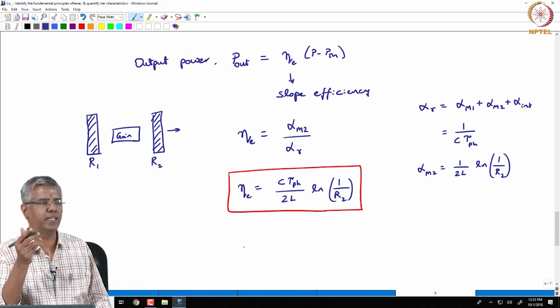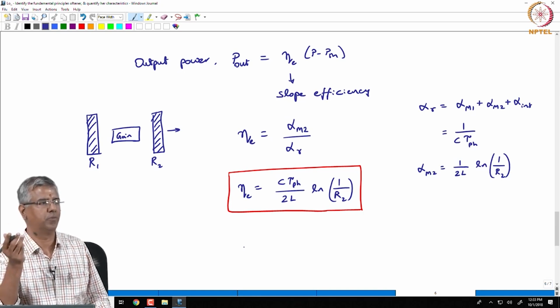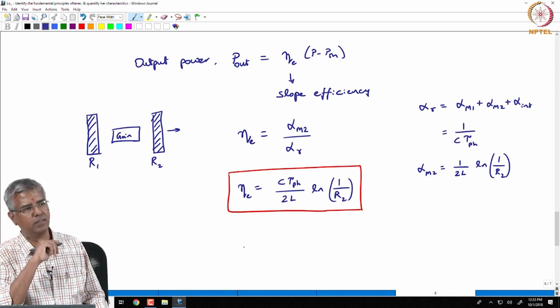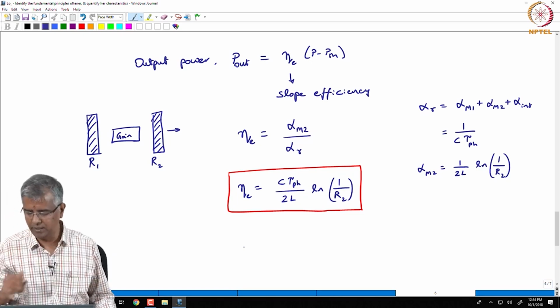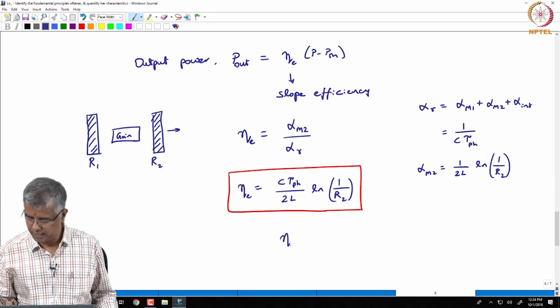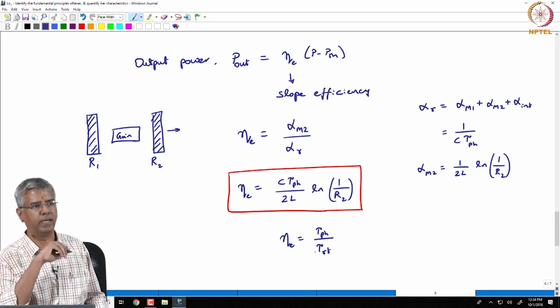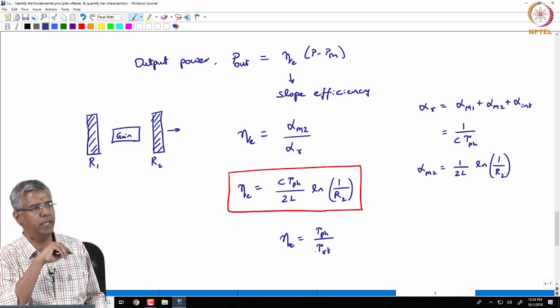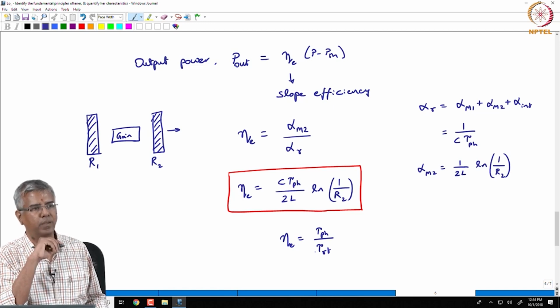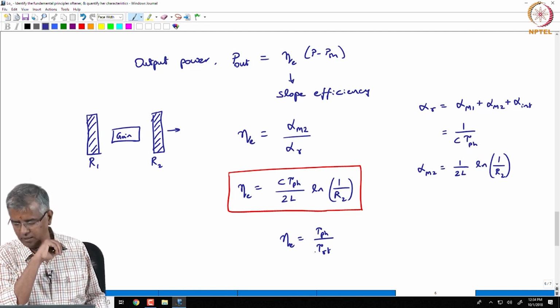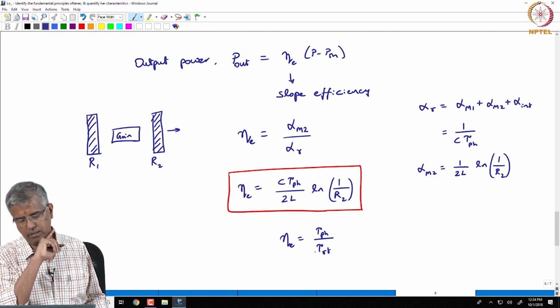It corresponds to the round trip time for a photon inside the cavity. So, I can write this as tau photon over tau RT, where tau RT corresponds to the round trip time inside the cavity.